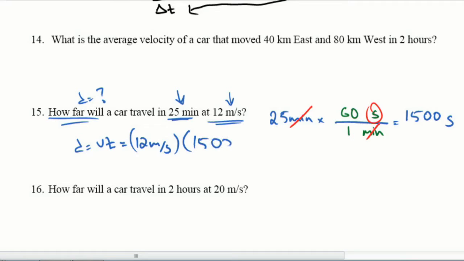Now my time was in minutes, but now I've converted it to seconds. 1,500 seconds. And I'm going to end up with 1,500 times 12, which is 18,000 meters.